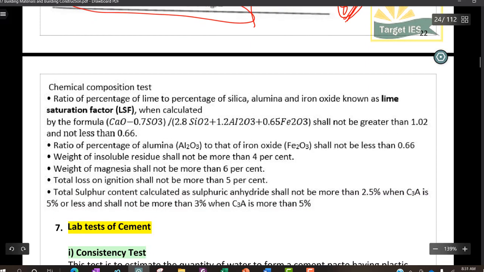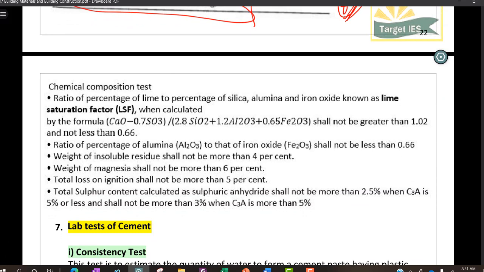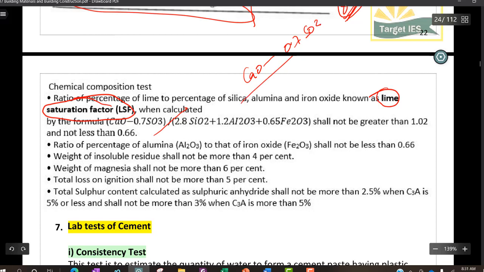And there is a very important thing which is called the lime saturation factor. There is a formula, we have to remember this formula. CaO minus 0.7 SO3 divided by 2.8 SiO2 plus, remember this formula, 1.2 Al2O3 plus 0.65 Fe2O3.